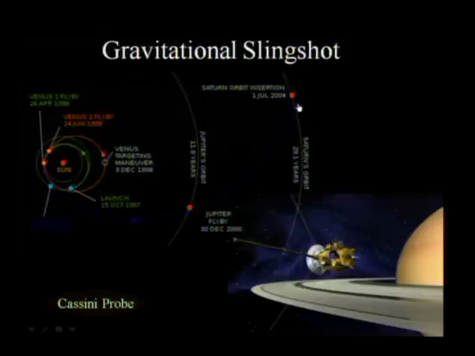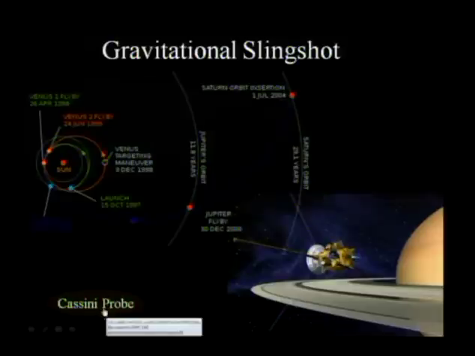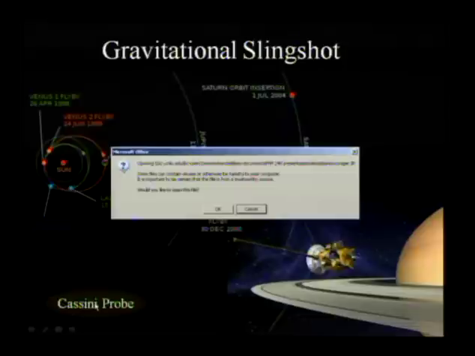Now all of this trip still took 7 years, because it was launched in 1997, then reached Jupiter in 2004. But we designed this process in such a way that the propulsion was mainly from bouncing off the planets.